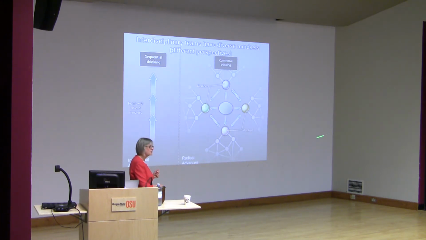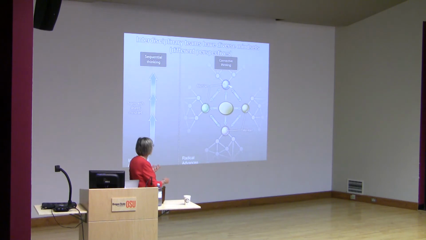If you have networks in a team where you bring together people with very different methodologies and perspectives, then you have this connective thinking going on. And in the center here can be a member of the blue team at some stage, or a member of the green team the next week, or a member of the purple team, or of the golden team.